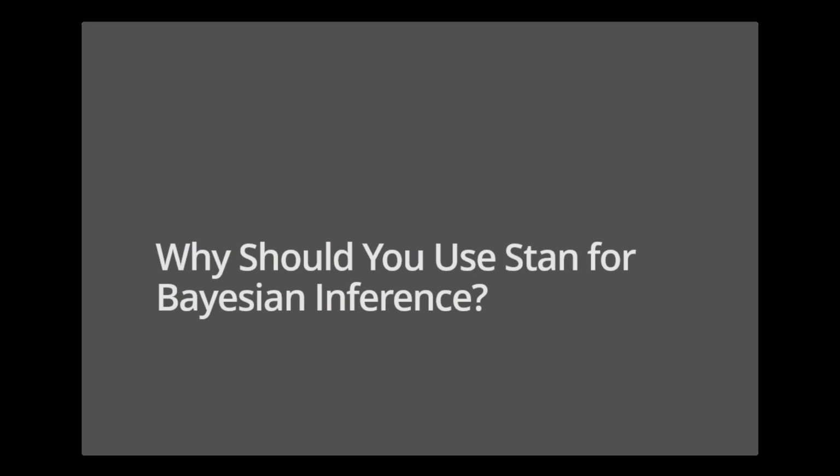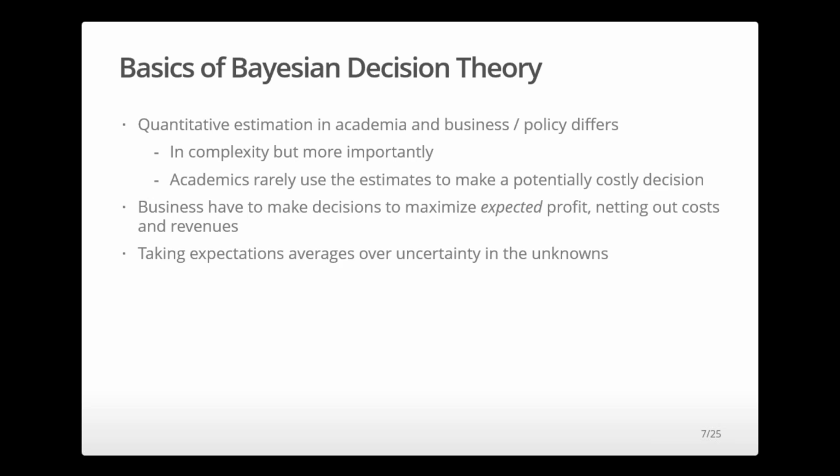So as I mentioned, you can use Stan for Bayesian inference, or for non-Bayesian inference. I think it adds the most value from a Bayesian perspective, and that's the one that we'll mostly be focusing on today. And one of the things about Bayesian inference is it fits very directly with what's known as Bayesian decision theory.